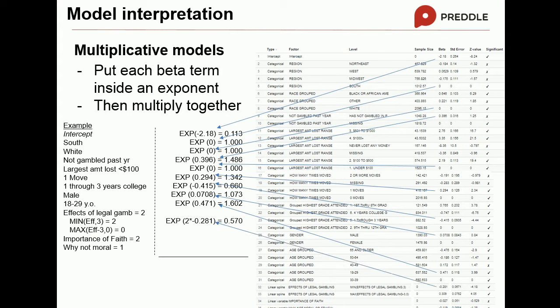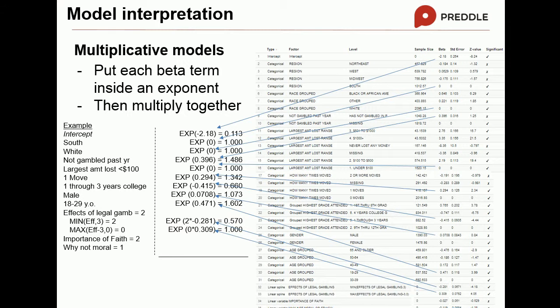The score for this individual is 2. Now the minimum of 2 and 3 is 2, and the maximum of 2 minus 3 and 0 is 0, because 2 minus 3 is minus 1. For each of these spline terms, you multiply the value by the beta and put it inside an exponent.